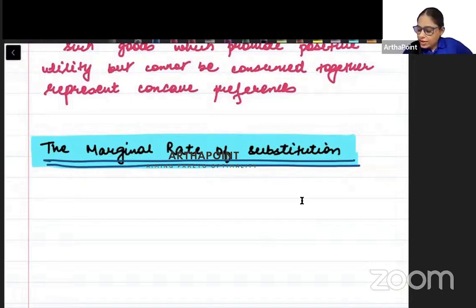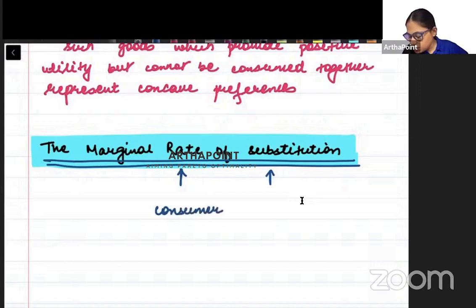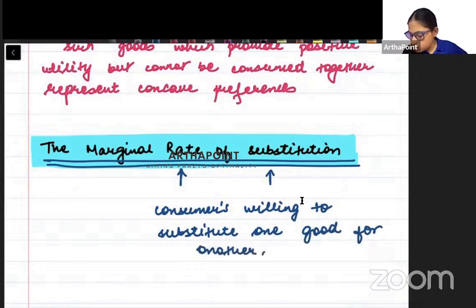But देखो, rate of substitution. मतलब the consumer is willing to substitute one good for another. इसीलिए इसको बोला गया rate of substitution. That is why it is called the rate of substitution.